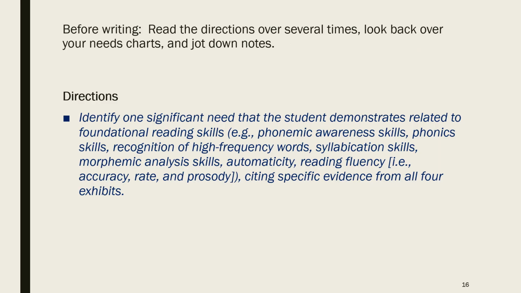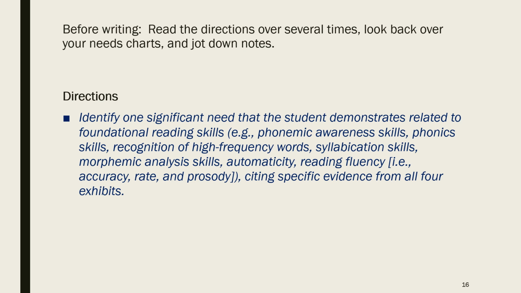So one of the first things I would do, before attempting your response, is read the directions over several times and then look back over your charts and jot down notes according to the different pieces of data that you are provided. Remember that you want to identify one significant need that the student demonstrates related to foundational reading skills.